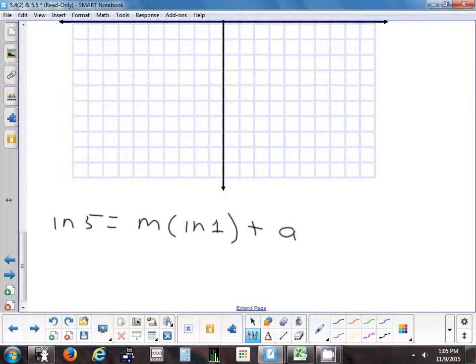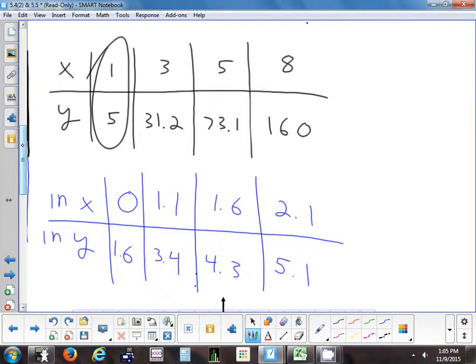What's the ln of 1? 0. And 0 times anything? 0. So the reason I picked that is because I knew I could get rid of my m. Because I had 2 variables and I can't solve that. Right? So if you have to do one by hand, that's how I'll probably have it set up. Okay, so you could get rid of the m just like I did there.